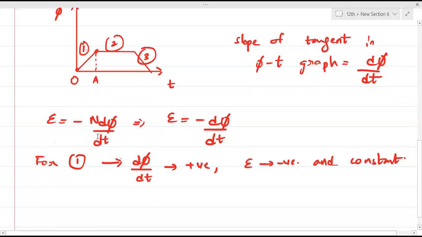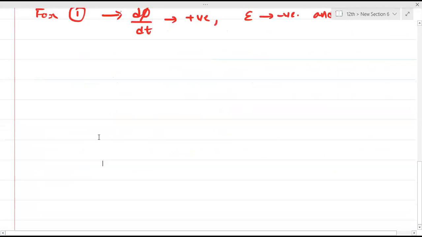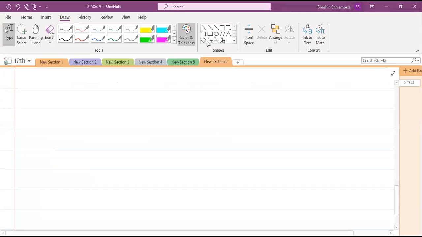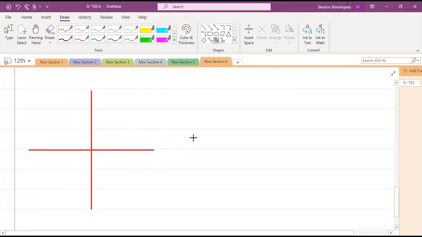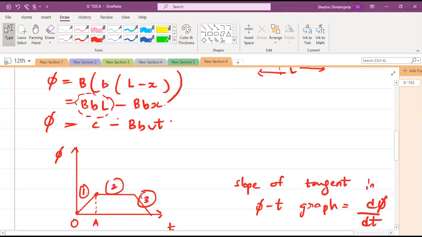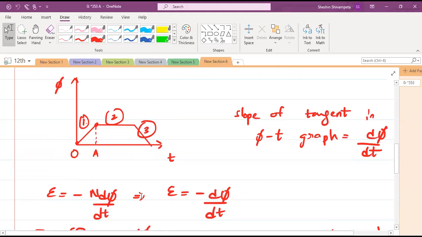ठीक है. तो फिर गो फॉर द ग्राफ. ठीक है, ग्राफ अगर ड्रॉ करो, अगर ये EMF हो गया, EMF वर्सेस टाइम. फर्स्ट इज EMF हमें नेगेटिव मिलेगा फॉर द फर्स्ट पार्ट. ठीक है. देन फॉर द सेकंड पार्ट, अगर द फ्लक्स ग्राफ सेकंड पार्ट में फ्लक्स इज कांस्टेंट, d phi by dt क्या होगा?